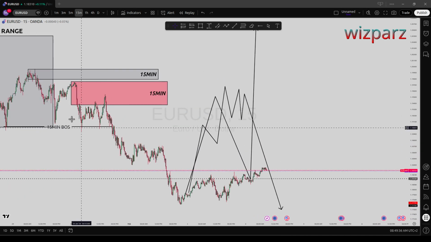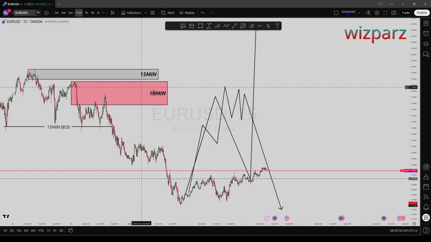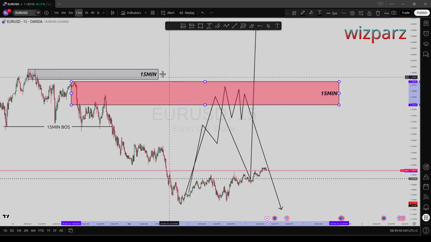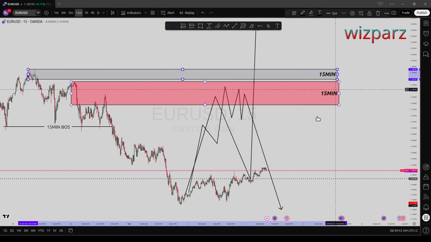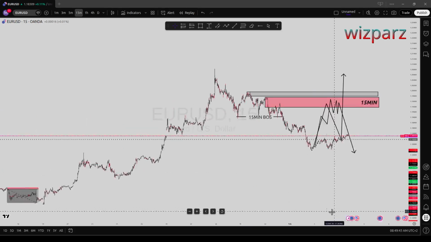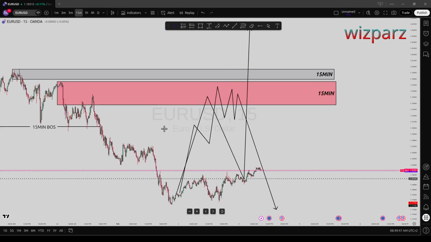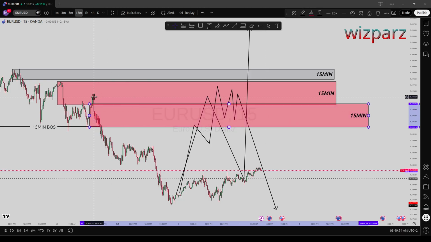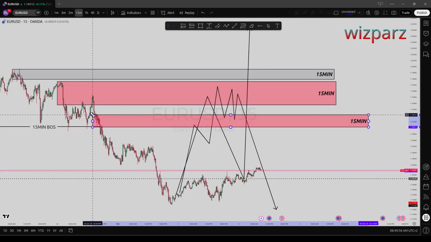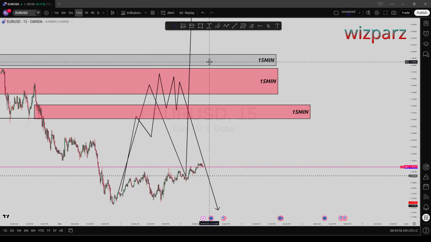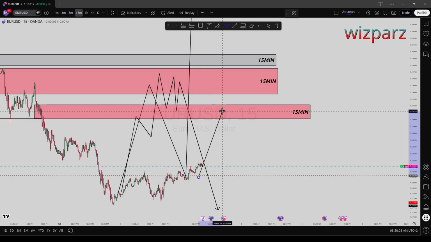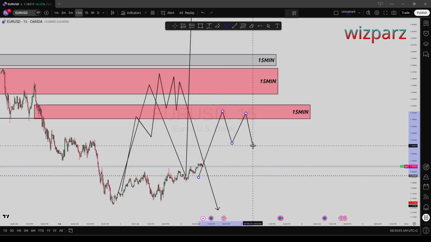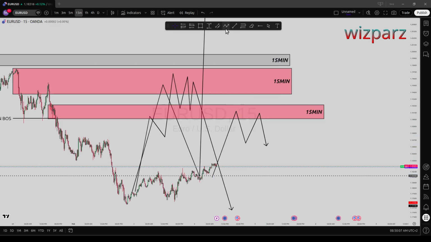And EU just looks the same as GU, still waiting for price to hit this zone. Nothing much. This is another supply area, so still there is room for price to move higher if you are looking for short opportunity.